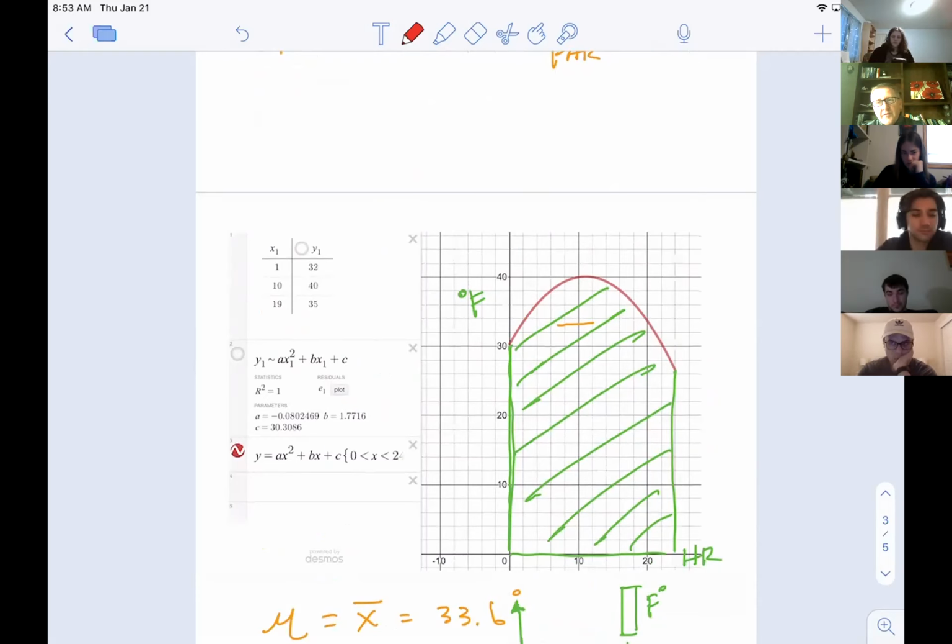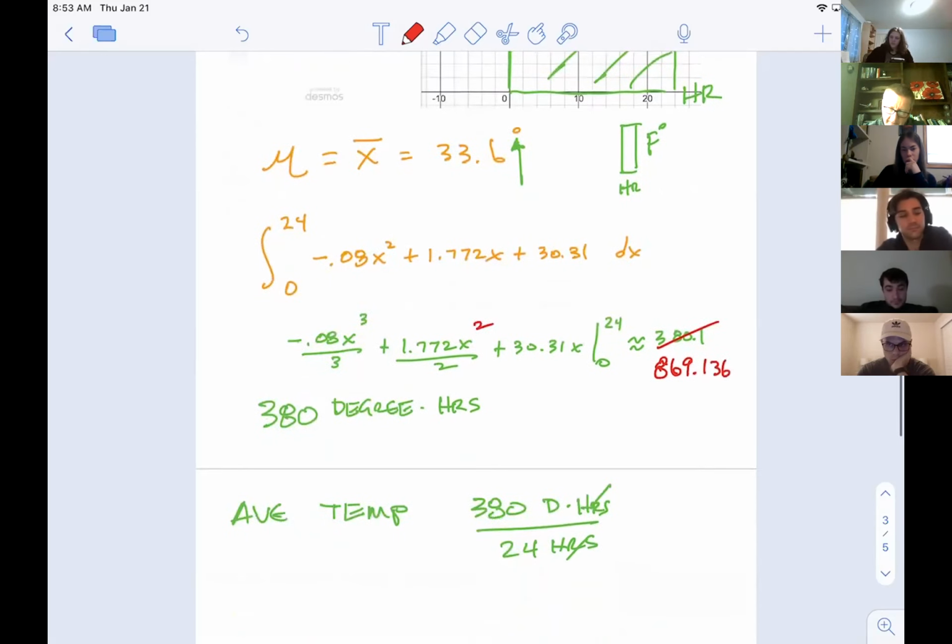Otherwise, I'd have just wrote down 15 and got an F on the test, so to speak. So let's see, does that make for a better answer? 869 divided by 24. Yeah, 36.2 degrees approximately.